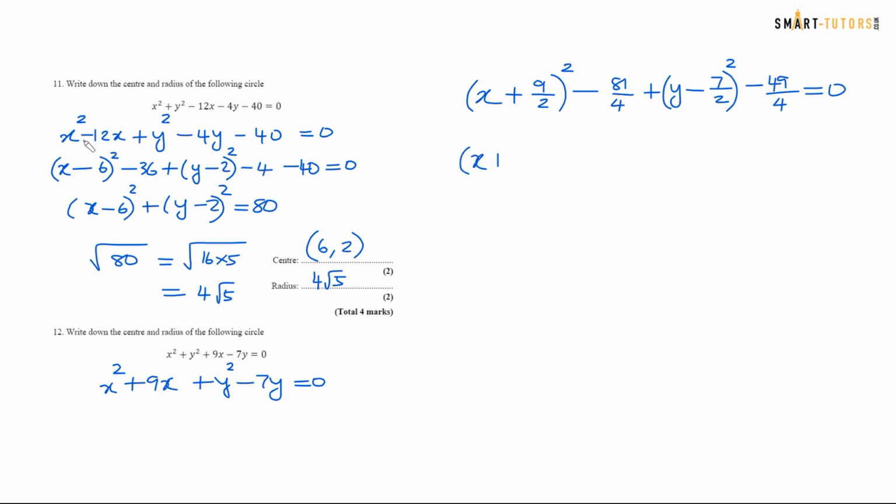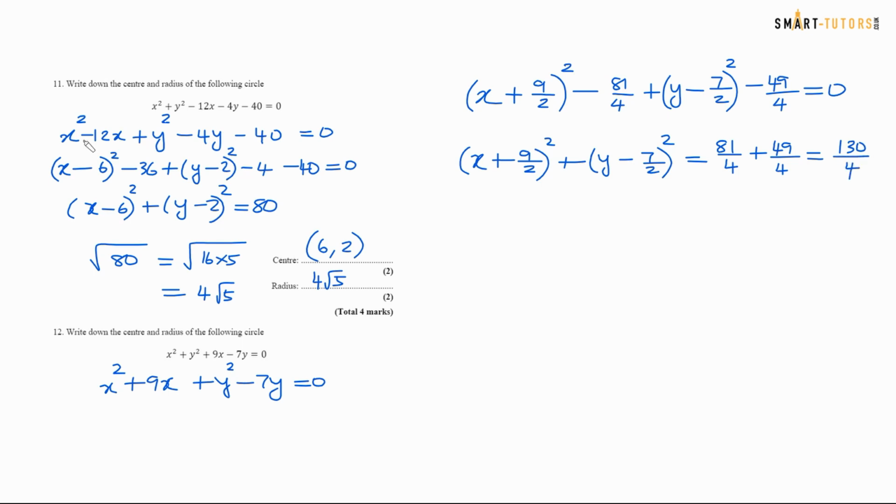So the next step is x plus 9 over 2 whole thing squared plus y minus 7 over 2 whole thing squared equal to 81 over 4 and 49 over 4 going to the other side, which is 81 over 4 plus 49 over 4. If you add them together, 81 plus 49 is 130 over 4.